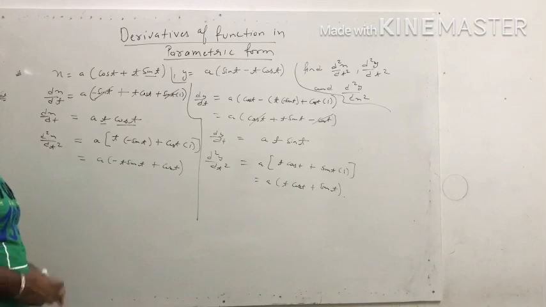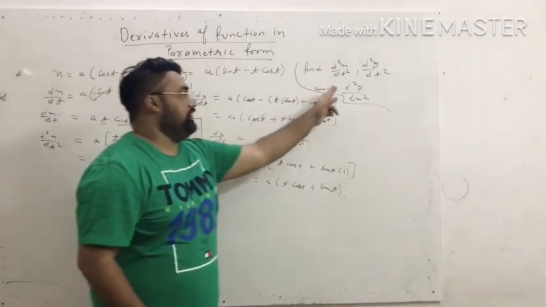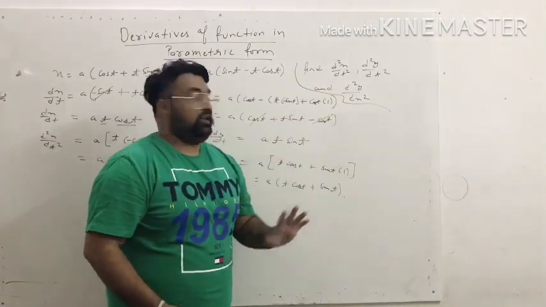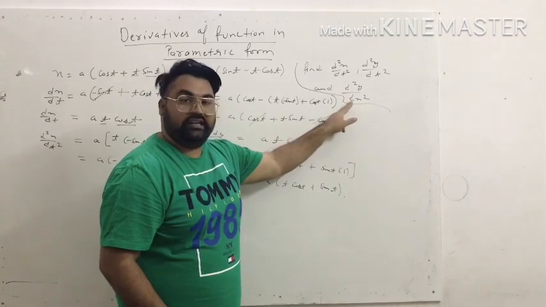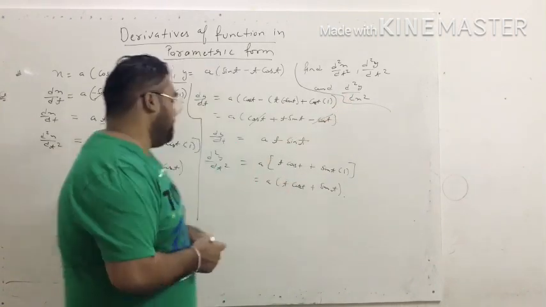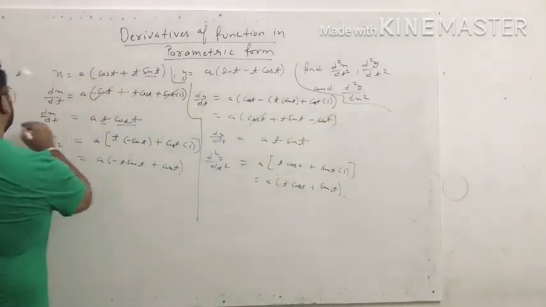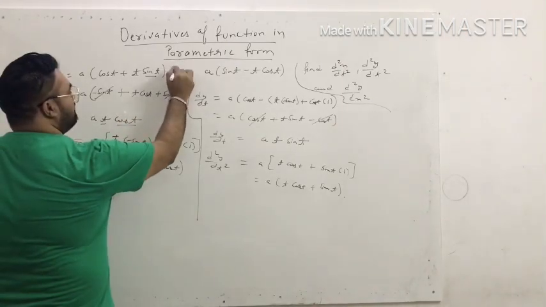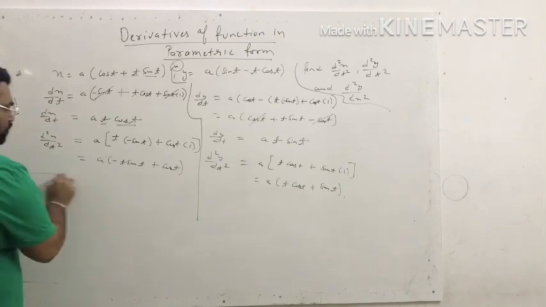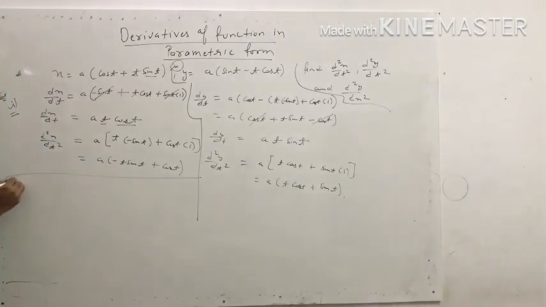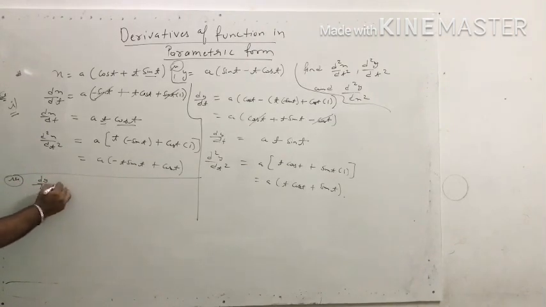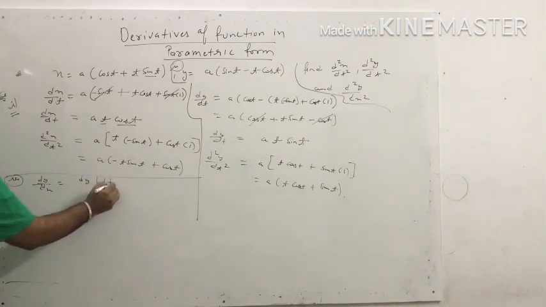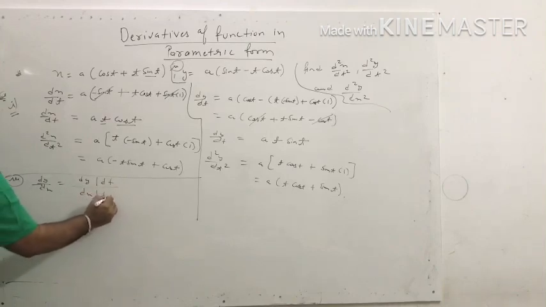Now we have to find the third one, d²y/dx². First of all we will find dy/dx. This is the first part, this is the second part. Now we shift to the third part. The formula is dy/dx = (dy/dt)/(dx/dt).